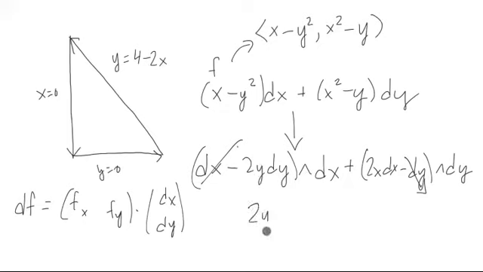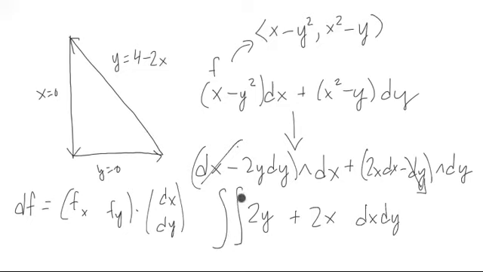So we end up getting 2y from here. You can factor out the dx dy and eliminate the wedge because now we're ready to integrate. And then over here we'd have just 2x, so plus 2x. We're basically integrating this as a double integral over that region.